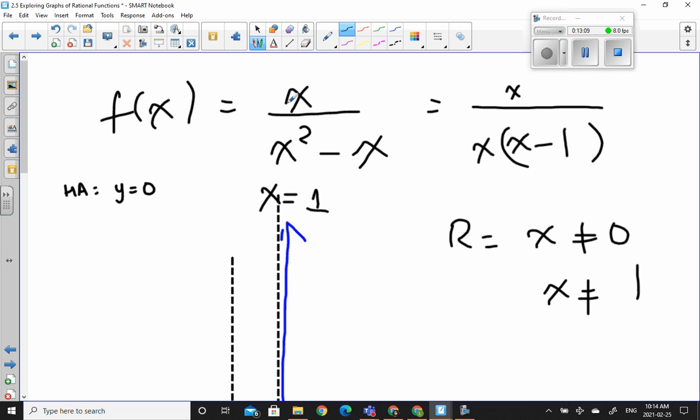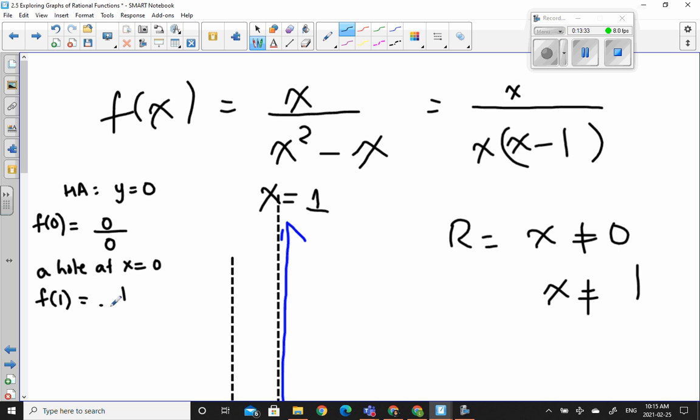And we got to see what happens when we give the value of 0 to this function. f at 0, which is a restriction, would be 0 divided by 0 minus 0. So there is a hole at x equals 0, right? What happens when we give the value of 1 to this function? What happens at f at 1?